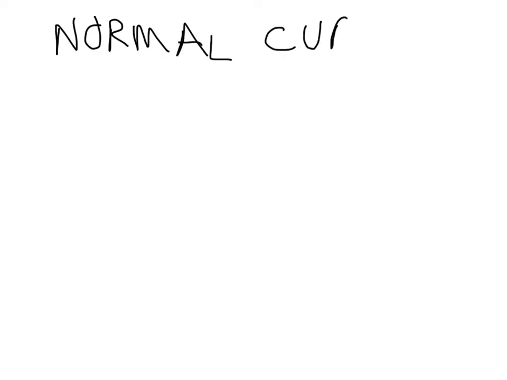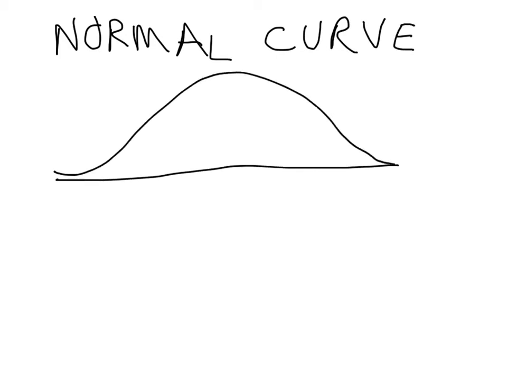So one of the things that you're going to see that we talk about a lot is the normal curve, or the bell curve. And that, of course, looks something like this. And its mean is actually a population mean called mu.